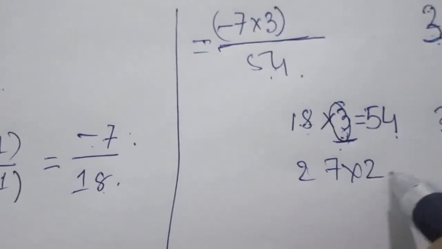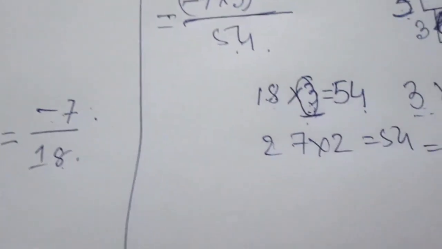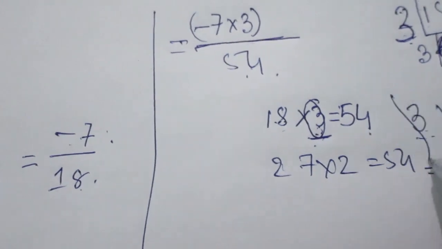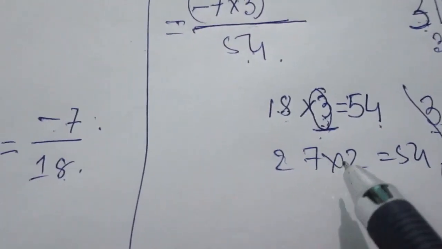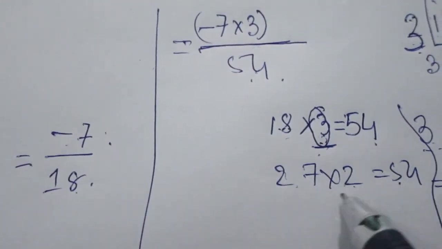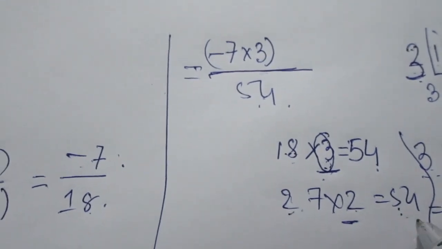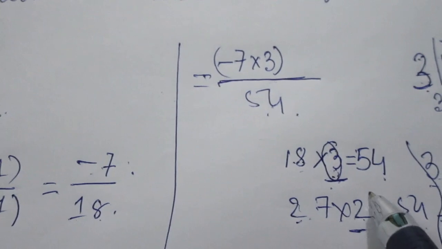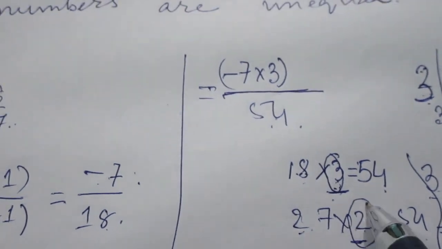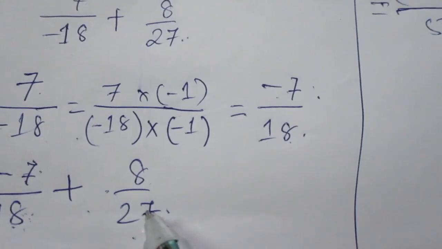Again, 27 into how much will give me 54? 27 into 2 is equal to 54. 2 times 7 is 14, 2 times 2 is 4, plus 1 is 5. 27 into 2 will give me 54. So we have to use this 2. Here the denominator is 27.